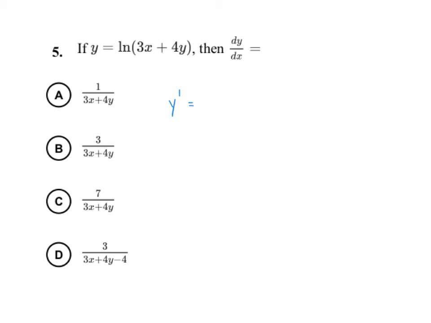Derivative of the right-hand side: when I see that we have a log and we're going to take a derivative, I just make a fraction right away. The bottom of the fraction, you just rewrite the argument of the log, the whole thing. And then the top of the fraction, we'll take the derivative of this. So the derivative of 3x is 3. Derivative of 4y is 4y prime.